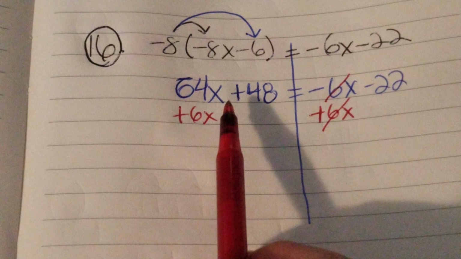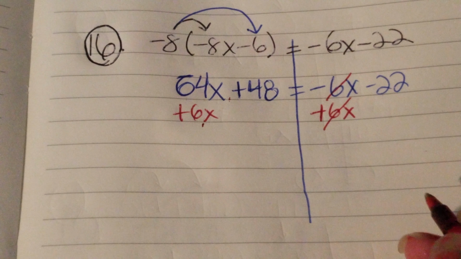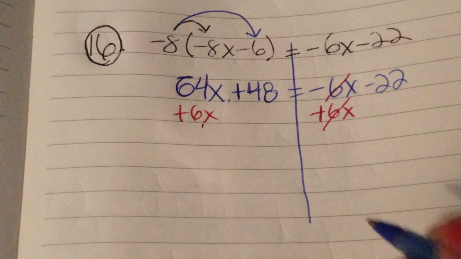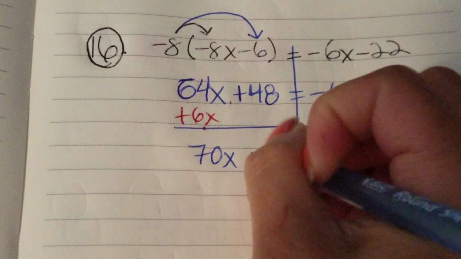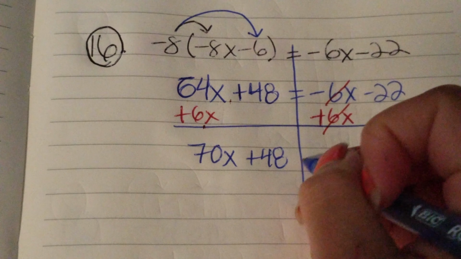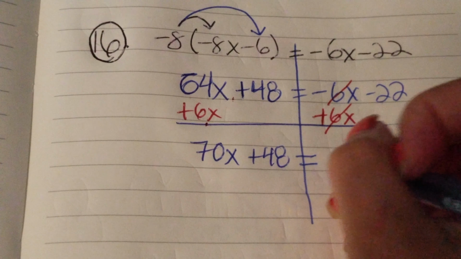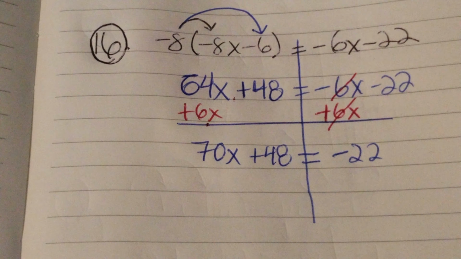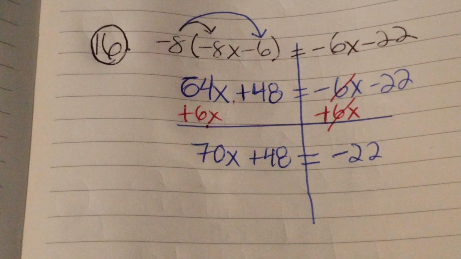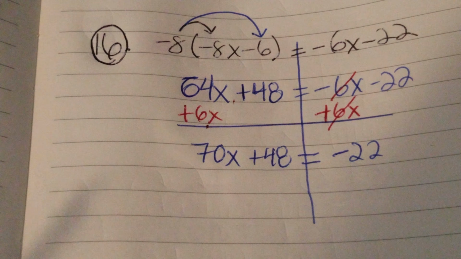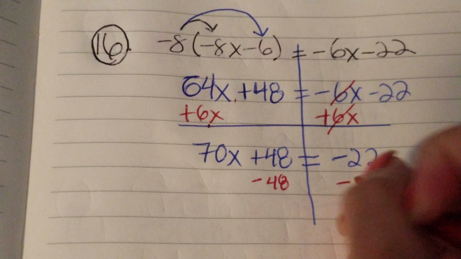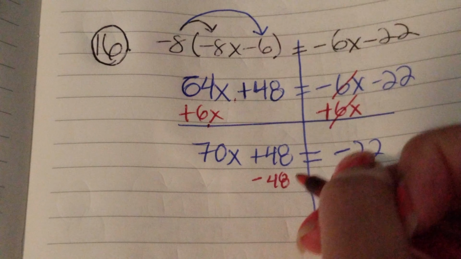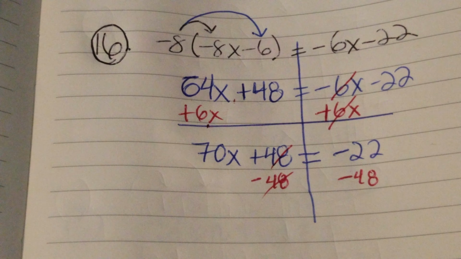So 64x plus 6x, what is that? 70x plus 48 equals, on this side we just have negative 22. Like that. And now that's much easier. Now we can subtract 48 here, minus 48 here, cancel out.